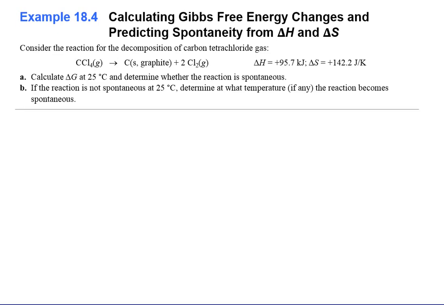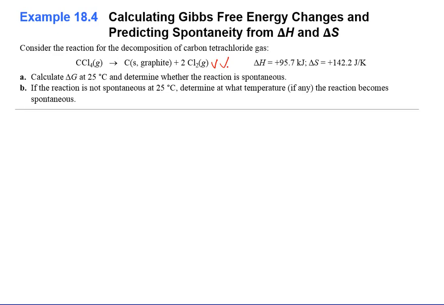Now let us consider the reaction, that is the decomposition of carbon tetrachloride gas. So this is the reaction that we are talking about. This reaction gives us delta H of plus 95.7 kilojoules and delta S of plus 142.2 joules per Kelvin.